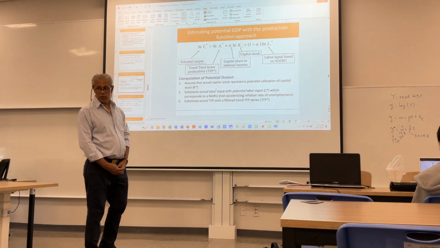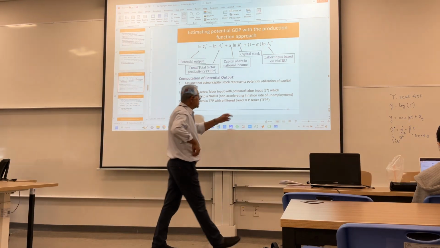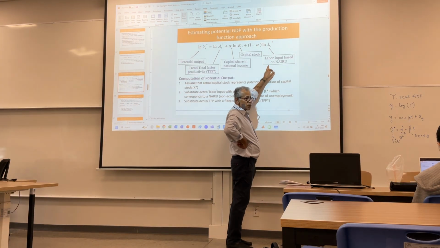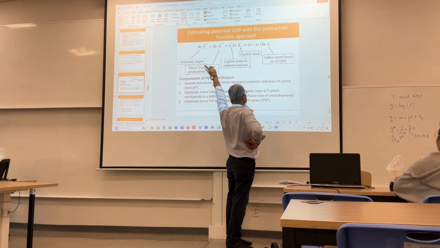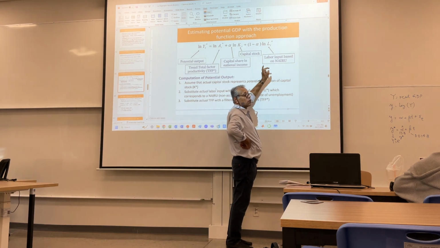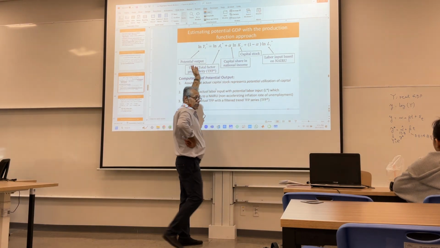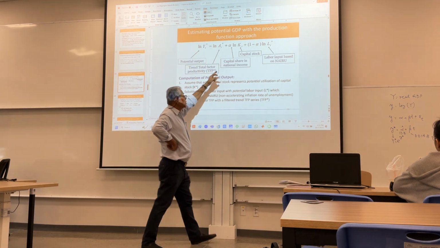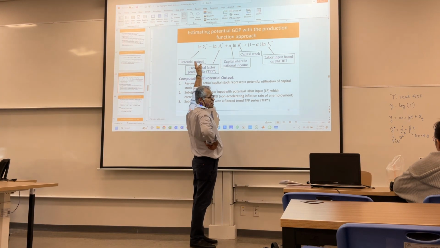to estimate potential output. The economy may not be producing at full employment and therefore output is less, but if the economy were producing at full output, then this is what the level of output would be. If the economy is not using all of its capital fully, then that's the level of output.